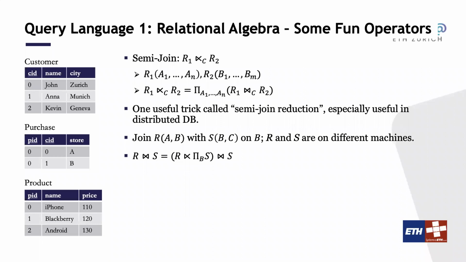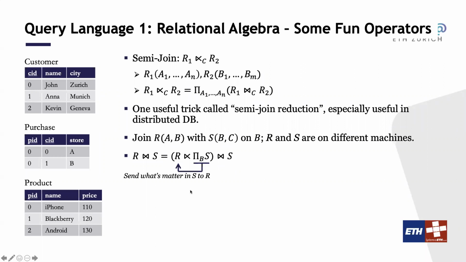So one thing where semi-join comes in handy is that you can prove the natural join between R and S is equivalent to first doing R semi-join with S projected on B, the shared attributes, and then joining this semi-join result with S. This is very easy to prove, but let's think about why it could be useful.